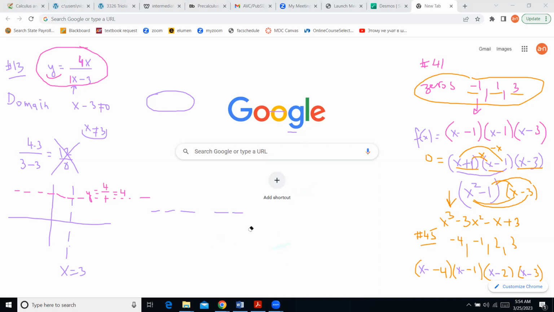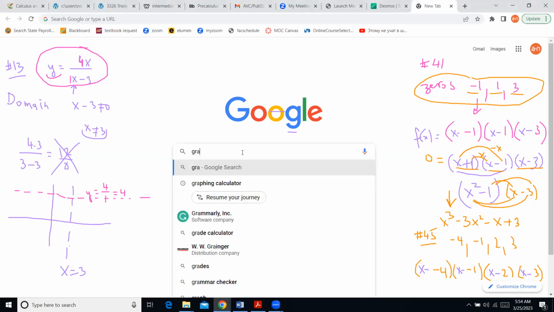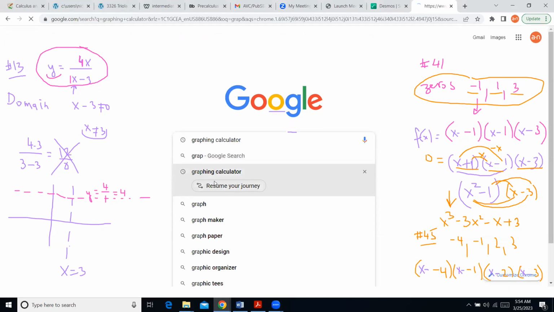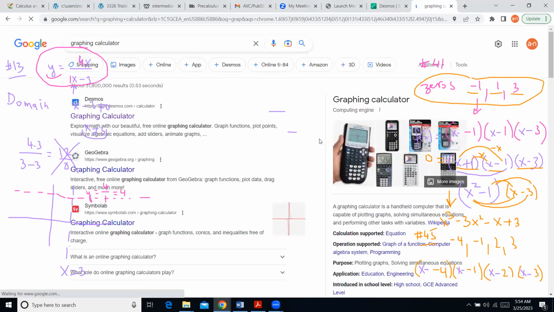Let me just clean a little bit of this mess. So I'm just going to type the words graphing calculator and it starts to appear. So I click on this graphing calculator that allows you to graph, and our class is all about graphing.